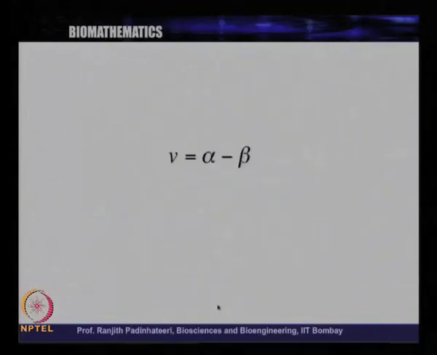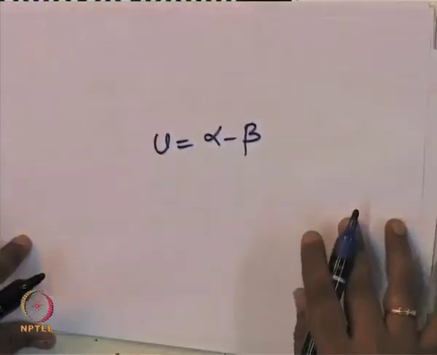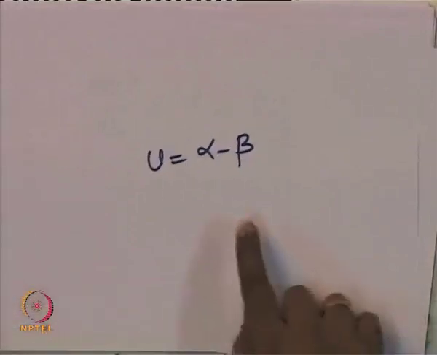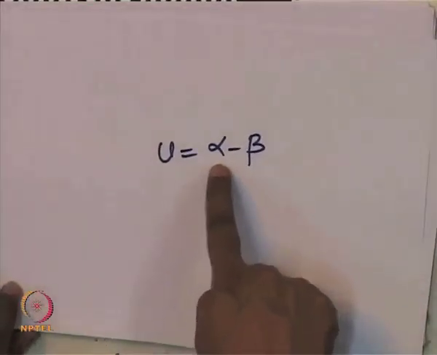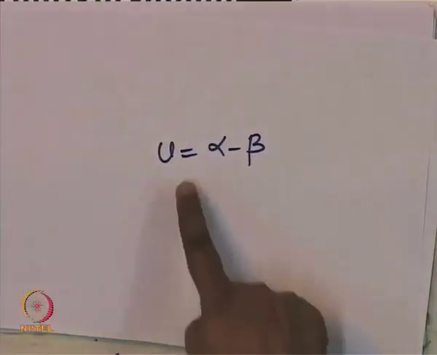So, the velocity of growth is basically the polymerization rate minus the depolymerization rate, as you can see here. This is the rate of polymerization minus the rate of depolymerization. Similarly, in the case of a molecular motor, this is the rate of moving forward minus the rate of moving backward. So, this is the velocity of the molecular motor.